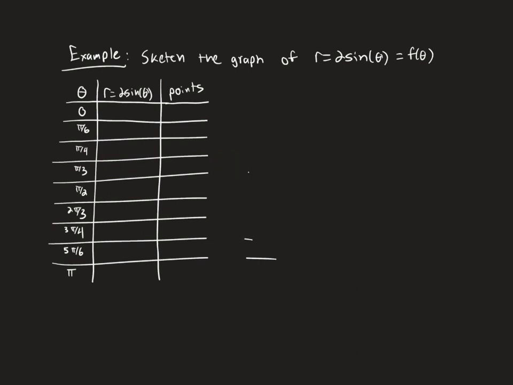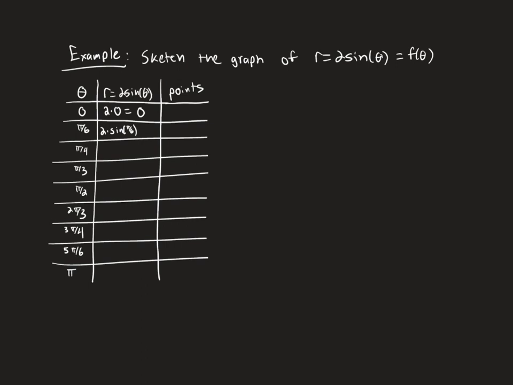Alright, so we need to know the sine of all of these angles. Okay, so sine of 0 is 0, so this is going to be 2 times 0, which is 0. This is going to be 2 times sine of pi over 6.